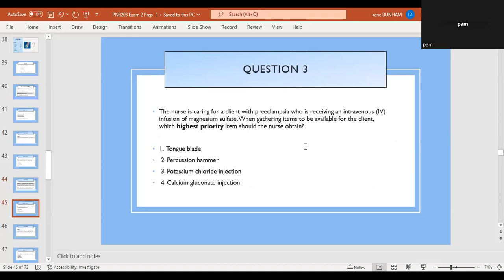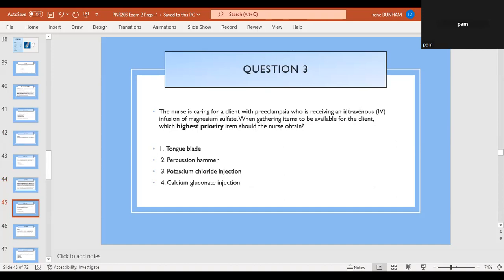Let's do another one. The nurse is caring for a client with preeclampsia who's receiving an IV infusion of magnesium sulfate. So we have preeclampsia and she's getting magnesium. When gathering items to be available for the client, which highest priority item should the nurse obtain? This is your highest priority.